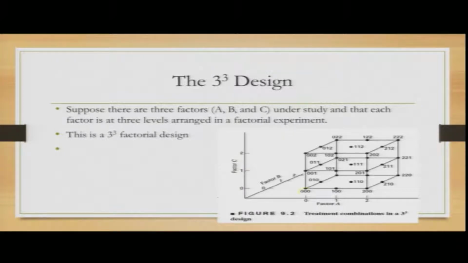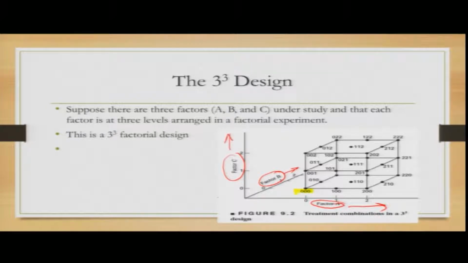So, basically you have 0 0 0, which means they are at the lowest level for each of A B C. A factor is along, I am basically marking it. Let me use a different color. So, A is along X, B is along so called Y, and Z is for the C. Now I use a different color, the yellow and the highlight.